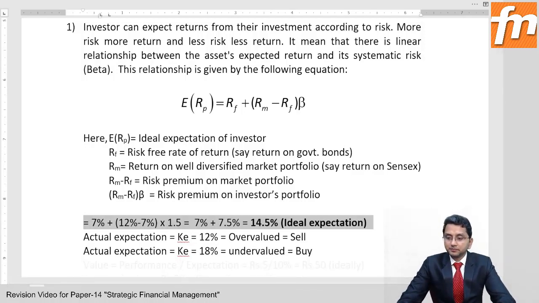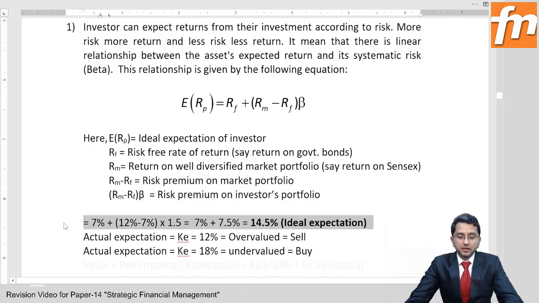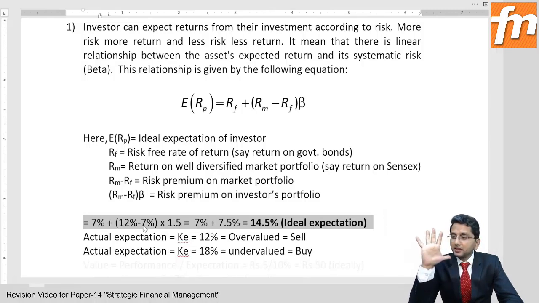So let's say 7% is the risk-free rate of return. Sensex is providing on an average 12% return. What does it mean? Those who invest in Sensex, that is those 30 securities which are included in Sensex, are getting 5% extra over and above the FD rate. Why are they getting 5% extra over and above the FD rate?